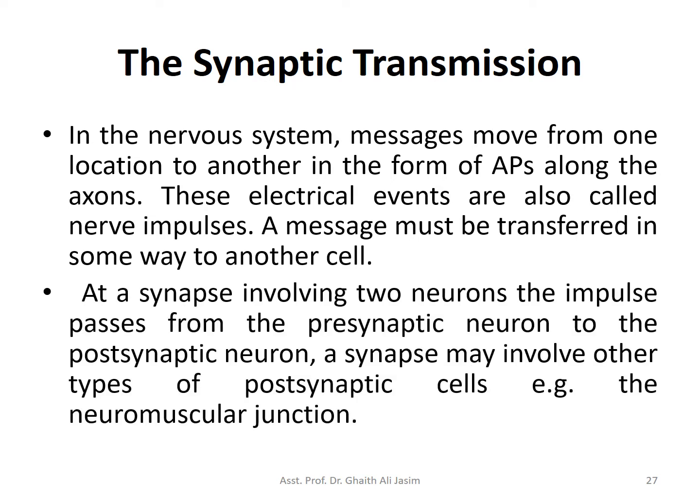At a synapse involving 2 neurons, the impulse passes from the presynaptic neuron to the postsynaptic neuron. A synapse may involve other types of postsynaptic cells, for example a muscle, where there is a neuromuscular junction.